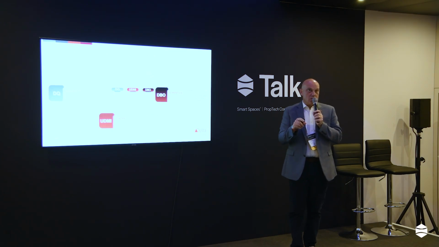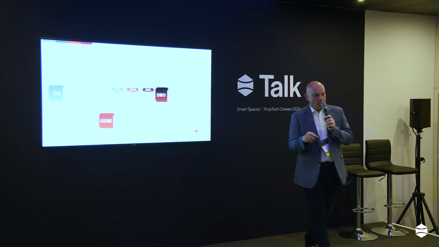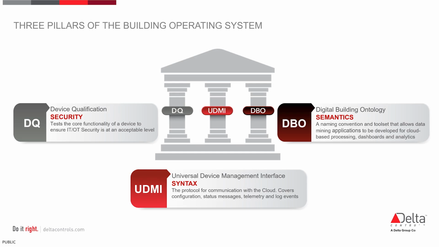Because you need to be sure that whatever you plug into the network in the building is not going to compromise the cybersecurity of that building. So there are a set of tests defined that test a device to make sure it complies with the right standards and it is secure.